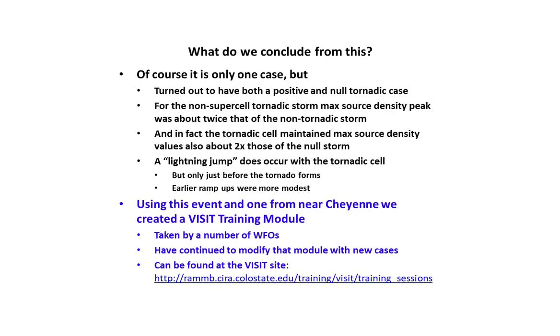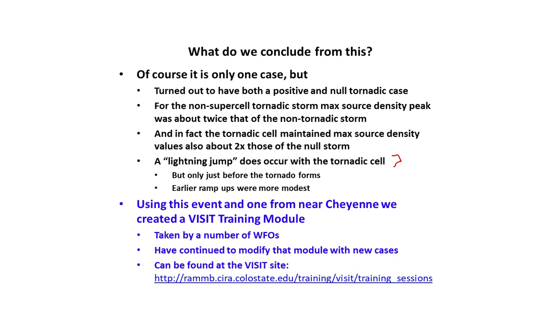So what we concluded from all of this, while only one case, we were able to contrast a tornadic with a non-tornadic storm, and it was encouraging to see the jump, even though it was not much lead time, and the fact that there was more lightning with the tornadic one.